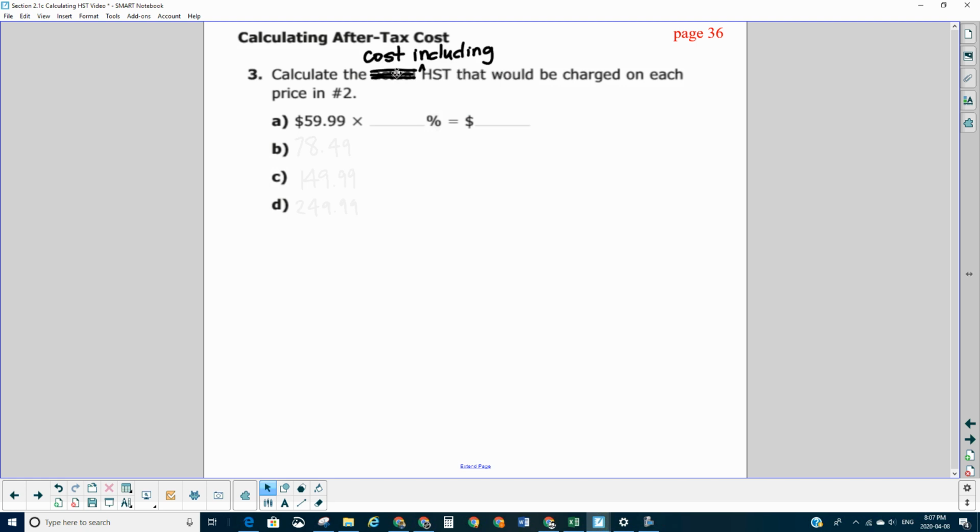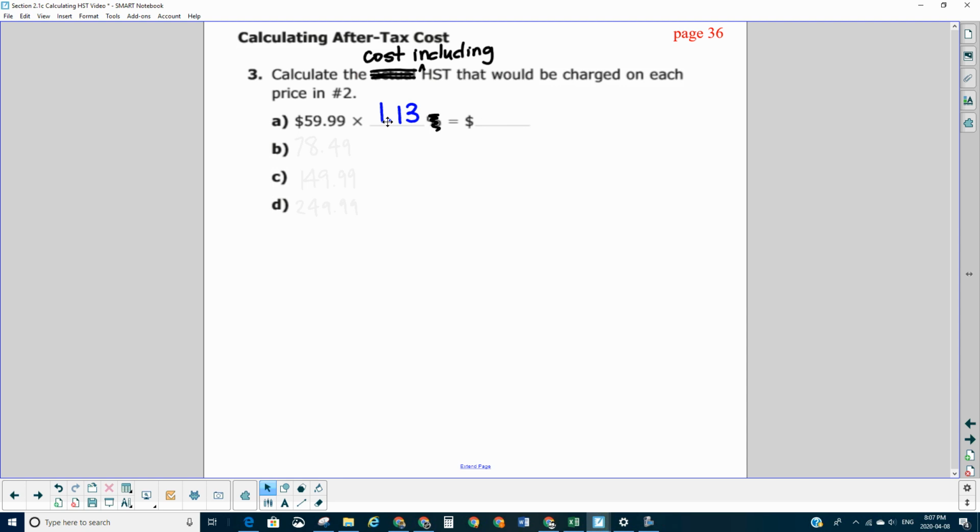So we're not actually going to calculate the HST on its own. We're going to calculate the after-tax cost all in one step. So instead of looking at the percent, we're just going to take these prices and multiply it by 1.13 to get our actual cost. So just ignore question 4 and 5, and we're going to just do this math on this question.